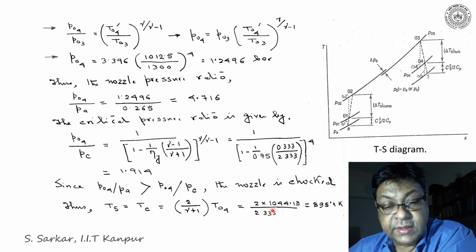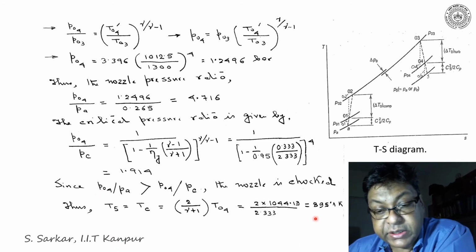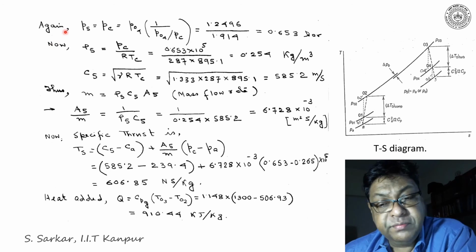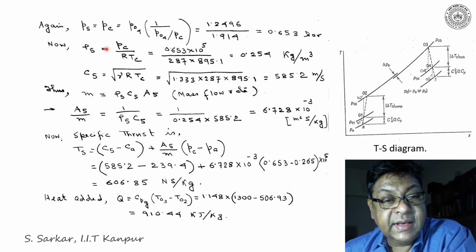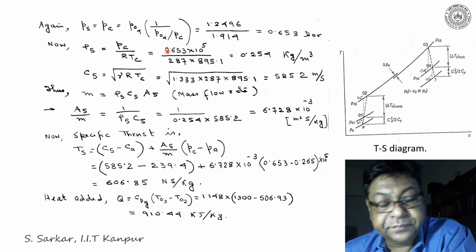T04 is equal to 1044.13. Gamma I use 1.33. Just I have evaluated T5. T5 is equal to 895.1 K. Now P5 would be equal to PC, and that would be equal to P04 into 1 by P04 into PC.